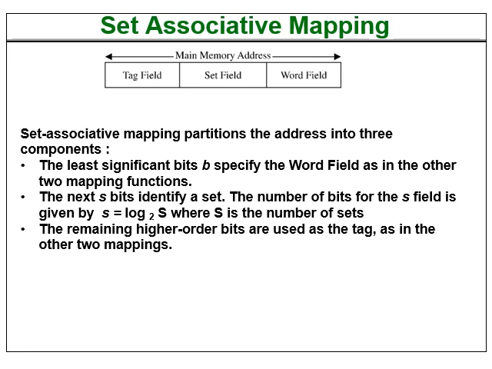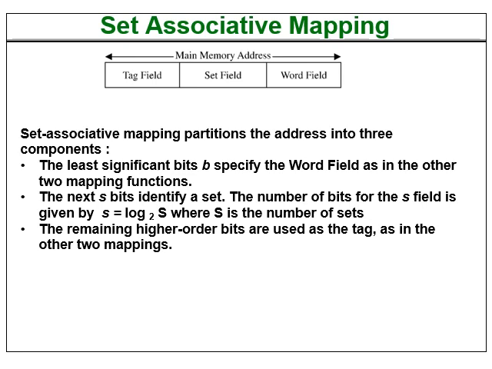Now please pay attention. In the numerical examples that you might see, or the question that you might be given, there are 2 possibilities. First, you may be directly given the number of sets. If you are given the number of sets, you can easily find the value of the set field by s equal to log base 2 of S. Or you may be given the size of a set.